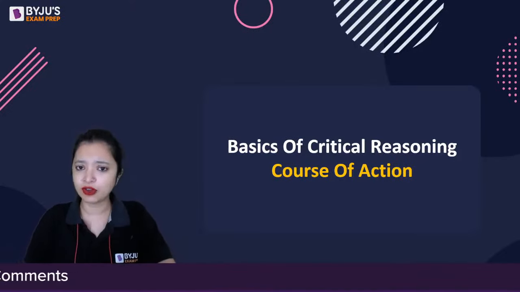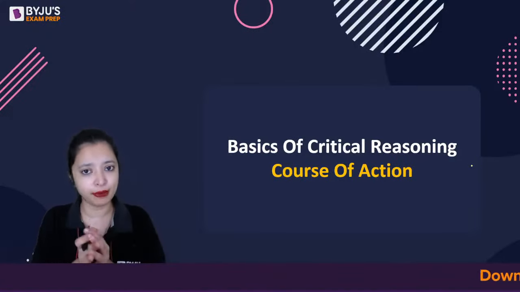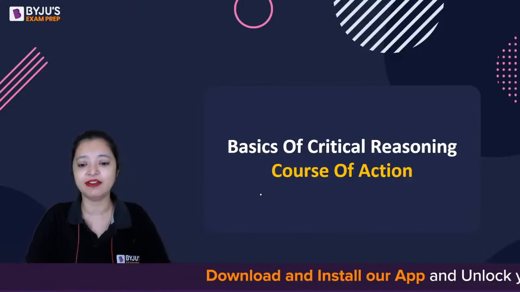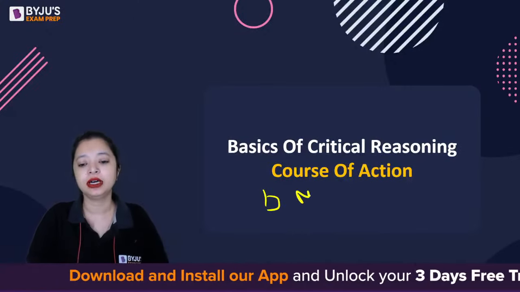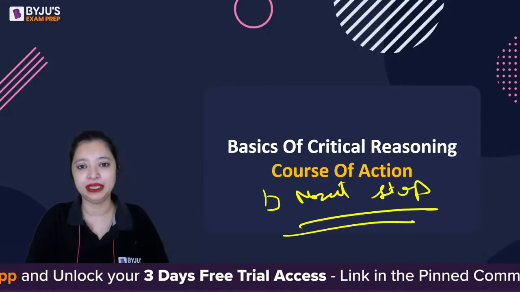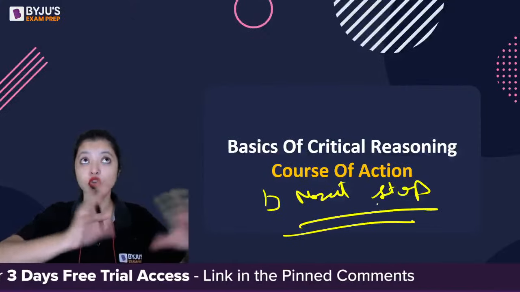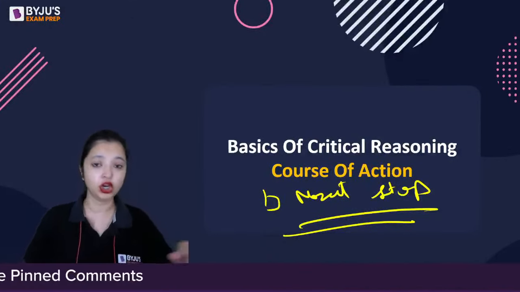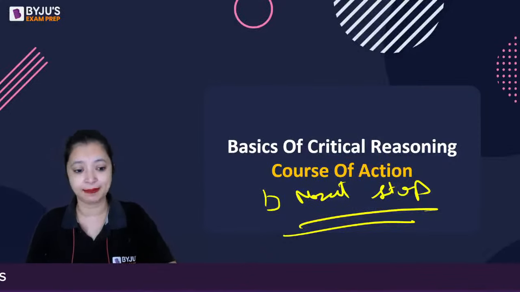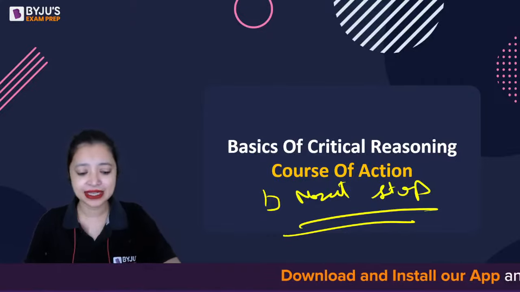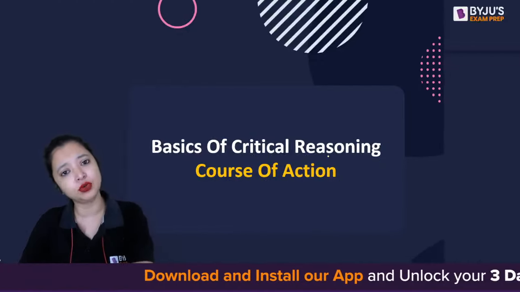So in a course of action question, you'll be given a problematic situation, and out of it you basically have to decide what the next step should be. If a cloudburst has happened, what could be the probable next steps? If waterlogging is happening, what could be the next steps? That's what you're supposed to do. So everyone, did you understand the basic concept? What does course of action ask you?